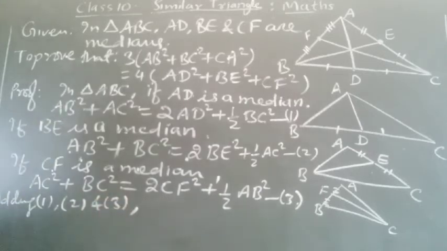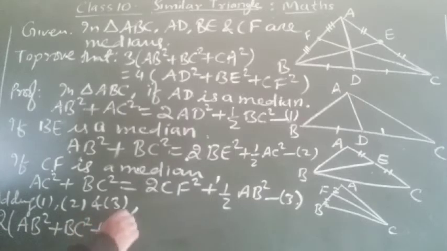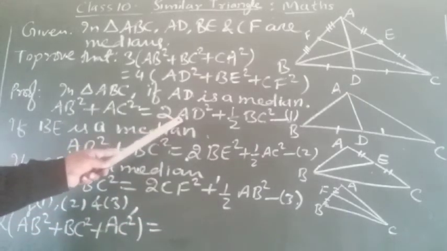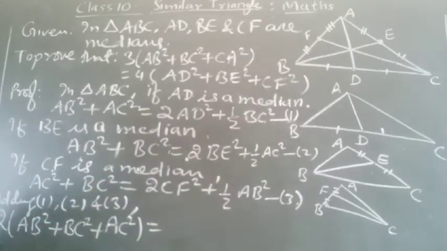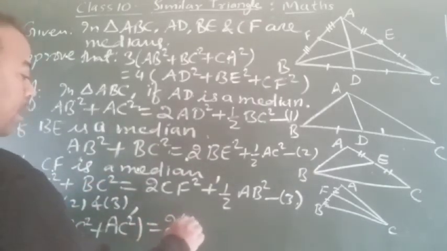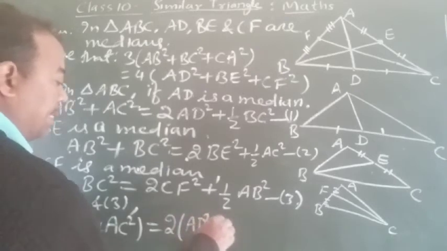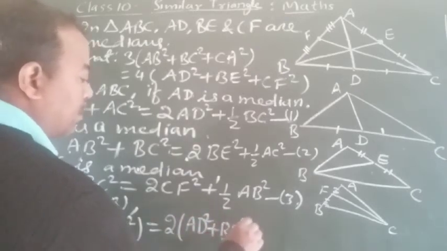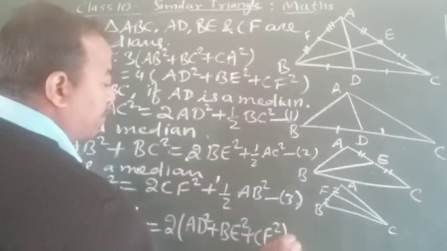What did I get? AB square 2 times, AC square 2 times, BC square 2 times. So we can write here 2 times AB square plus BC square plus AC square. Now AD square, BE square, CF square 2 times.